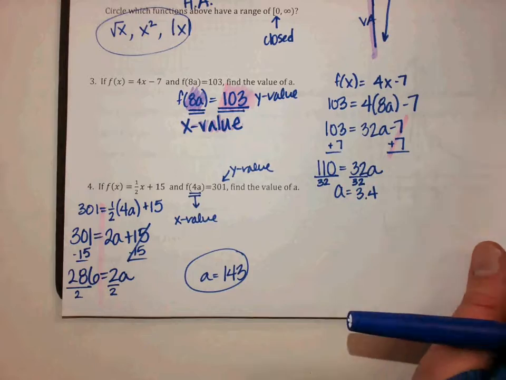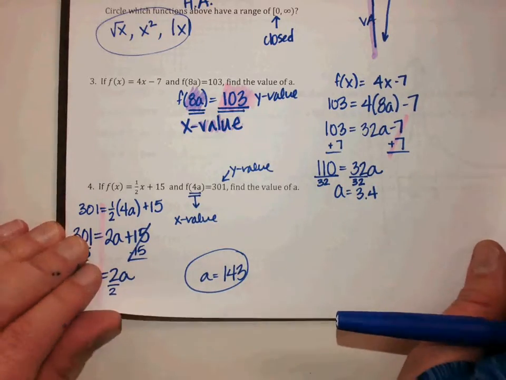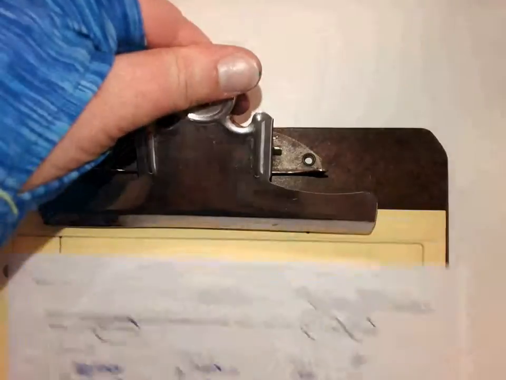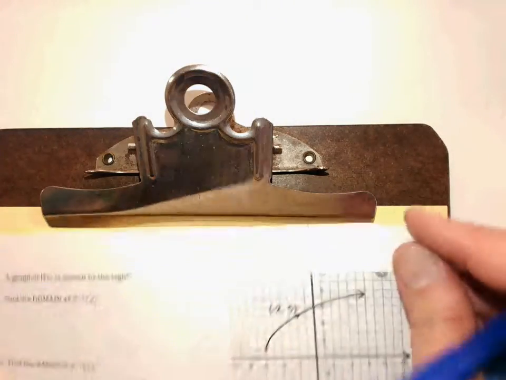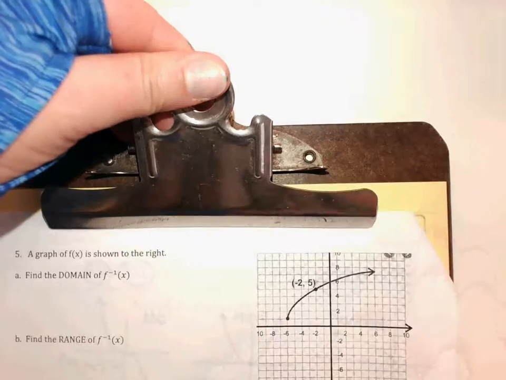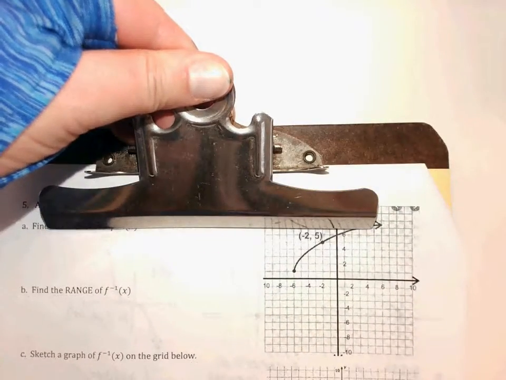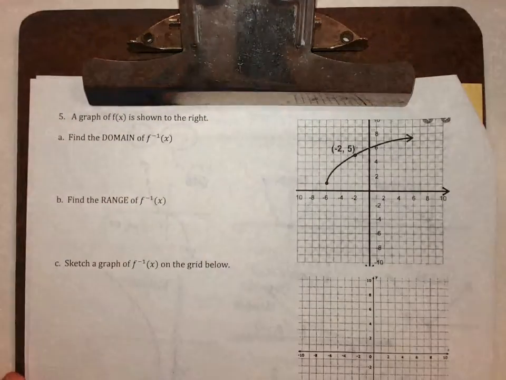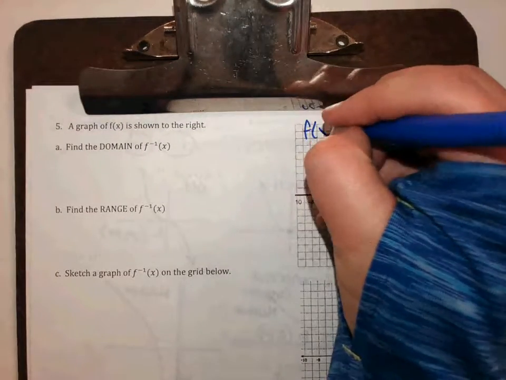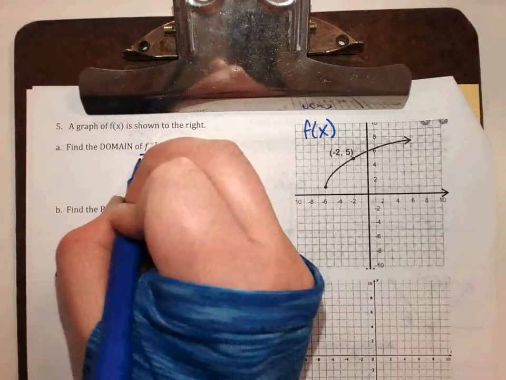Okay, turn the page. Okay, next one. We have a graph of f of x as shown to the right. It asks you to find the domain. Does it ask you to find the domain of f of x? No. What does this mean?